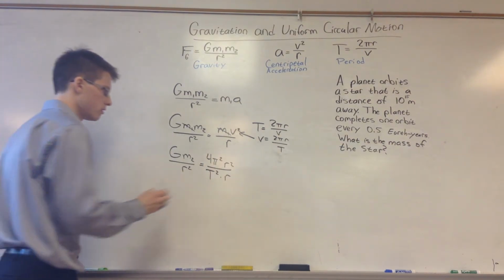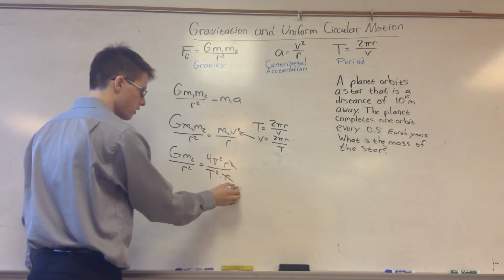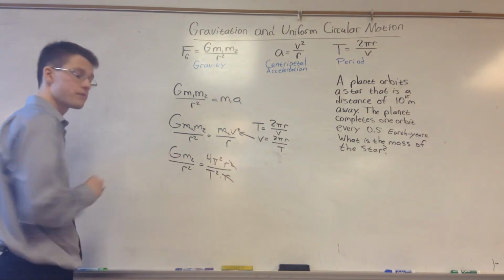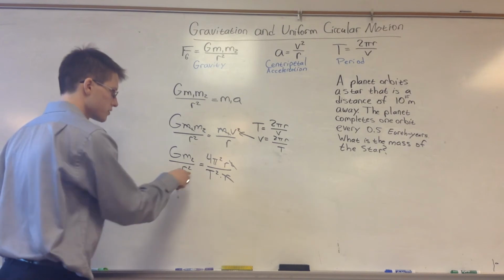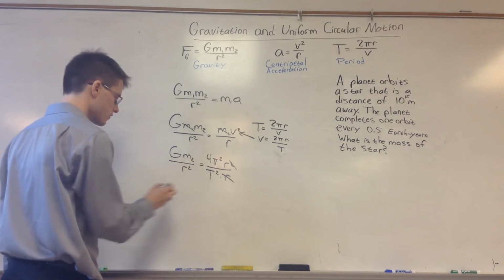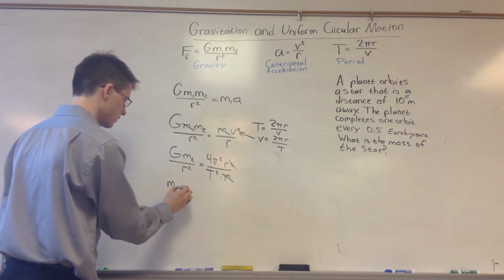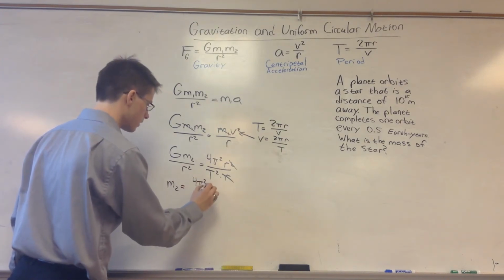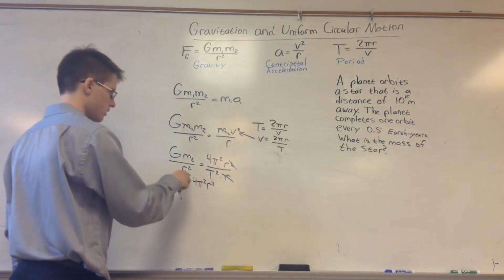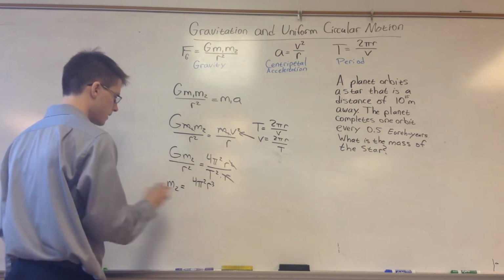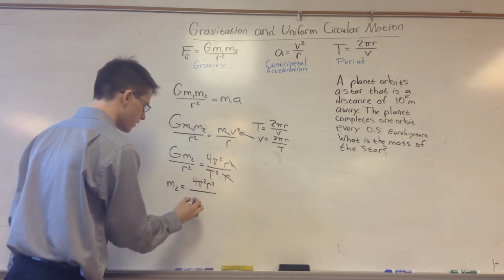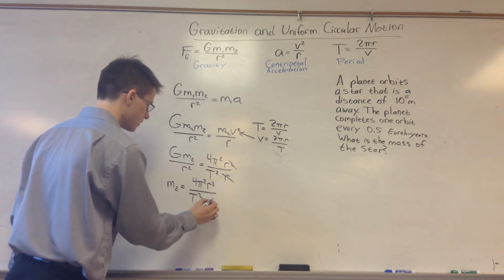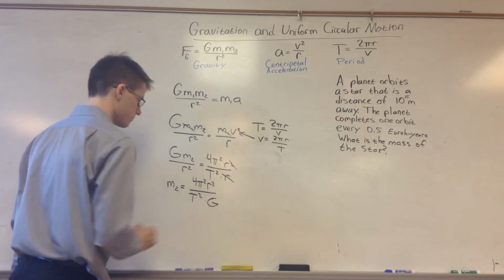So now, this r squared cancels the r on the bottom, and we can solve for m2, which is the mass of the star. I'm going to multiply by r squared, so m2 equals 4 pi squared r cubed, and then I want to divide by G. So I have over, I already had a T squared, and now that's multiplied by G.